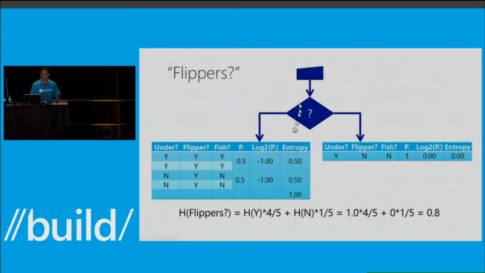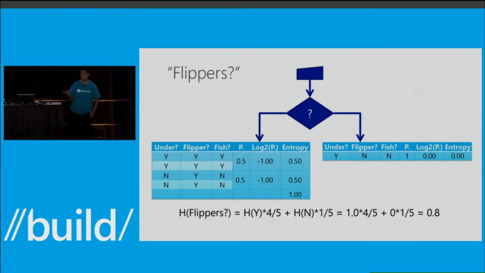Now, suppose I make a test and split this by has flippers. Those with has flippers being yes will come this way, and those with has flippers being no will come this way. On this side, the probability of the outcome is 1. The log 2 is 0, so the entropy is 0. It's a perfectly organized system, isn't it? On this side here, the probability of each outcome is now 0.5. The entropy is 1.